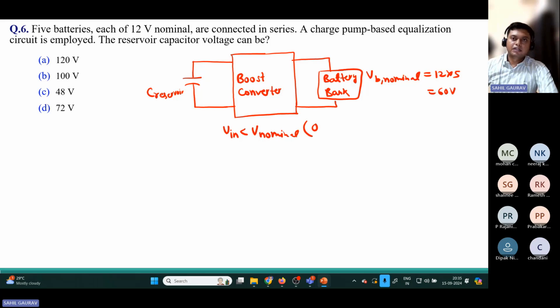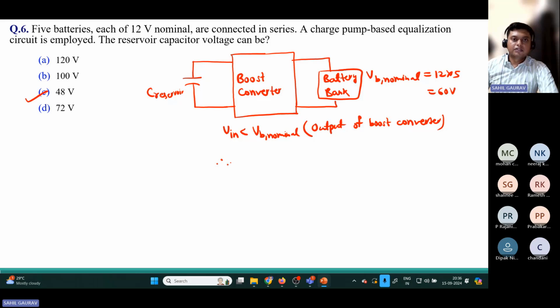So the nominal voltage of the battery is the output of the boost converter. Only one option matches this circuit: C option is correct, 48 volt.